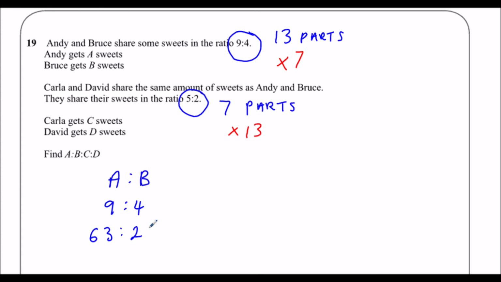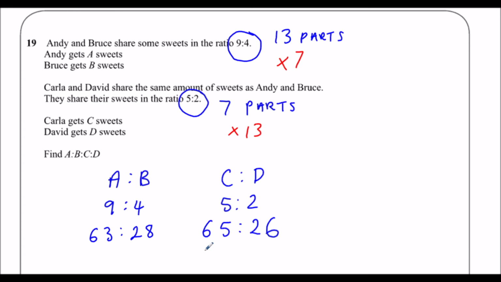7 times 4 is 28. And C to D, it's 5:2 at the moment. And let's times them by 13. So 13 times 5, that's 65. 13 times 2 is 26.